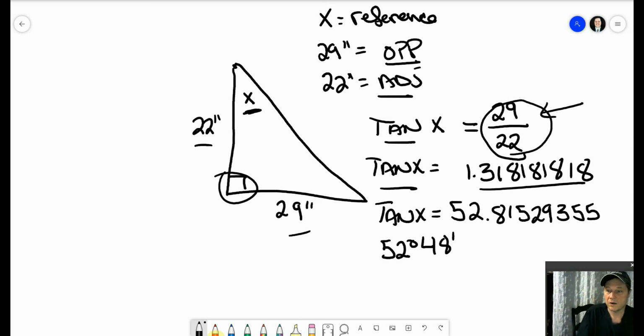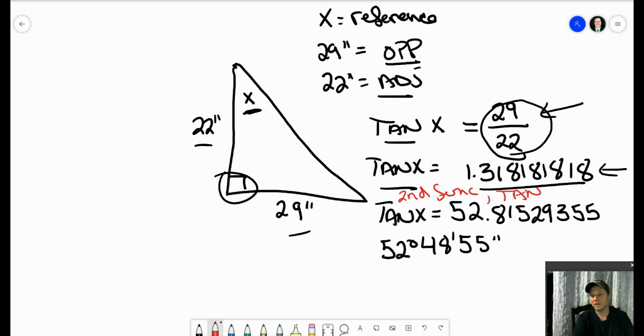So what I've discovered is that angle X is 29 divided by 22, which gives me this decimal fraction. Then I will use second function, or on your calculator it may say shift, and then I hit the tan button.